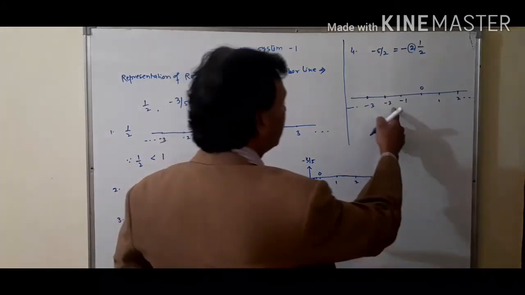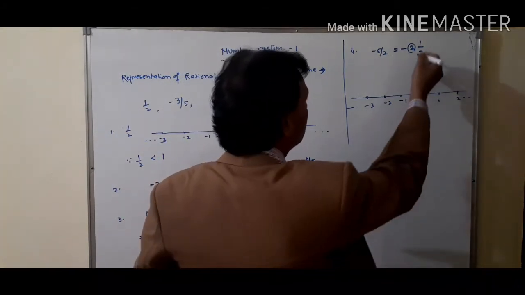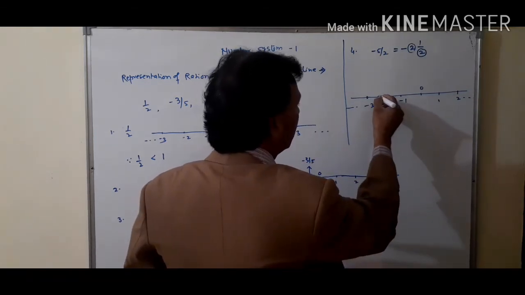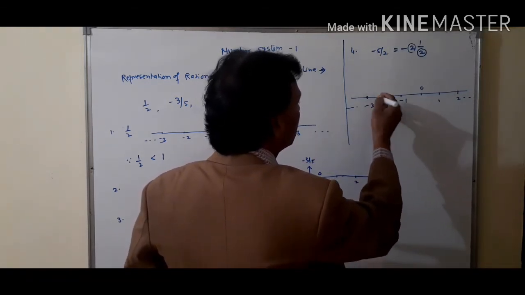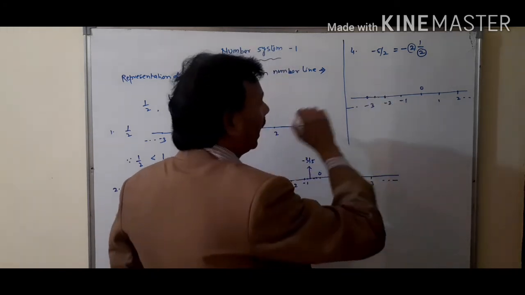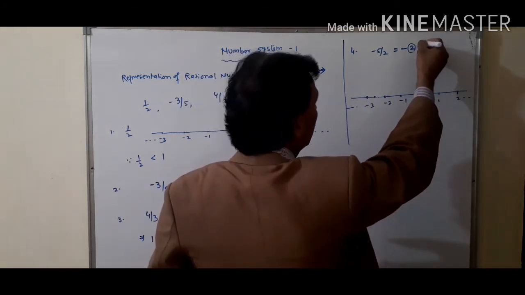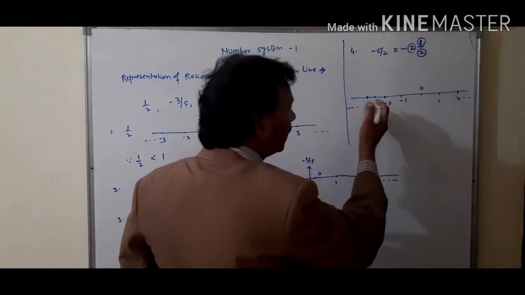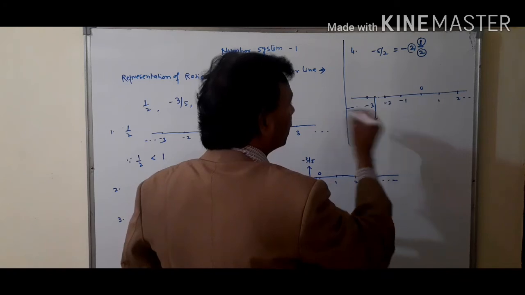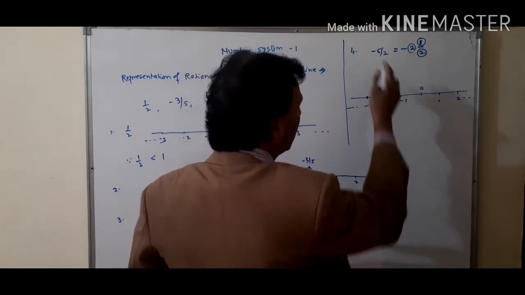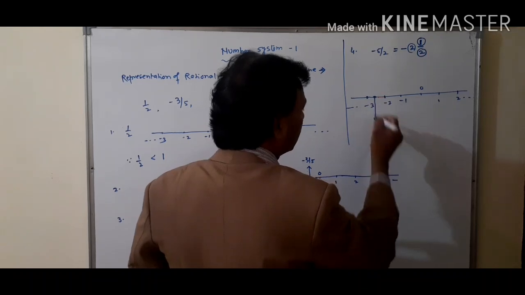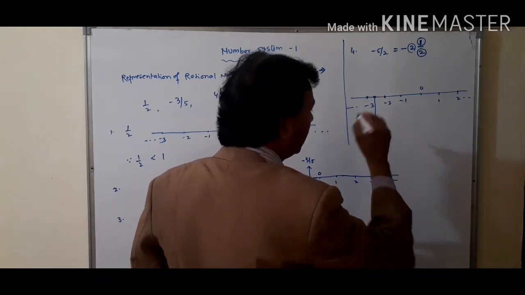Now minus 2 and minus 3 are divided into two equal parts, 1 and 2, and take one part from minus 2. That means this is the one part. So this is the position of minus 5 by 2 on the number line.